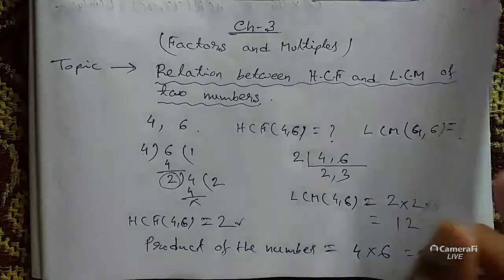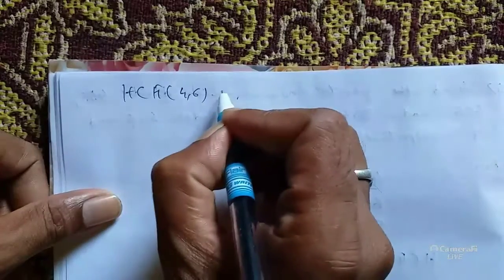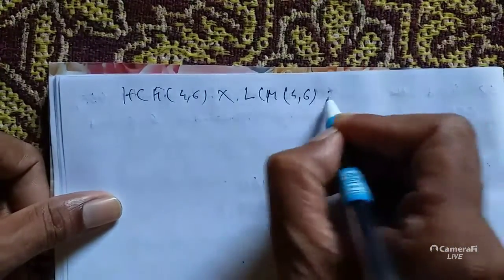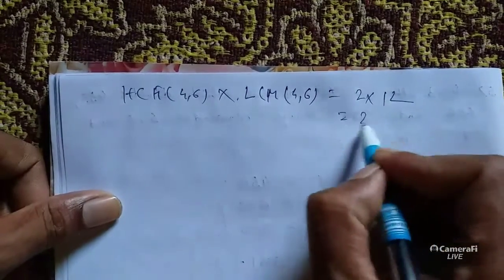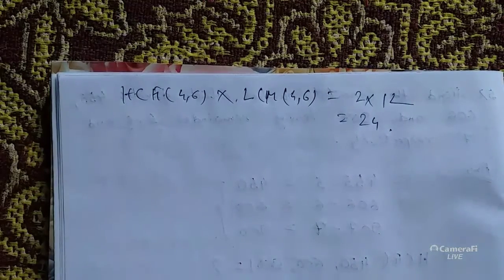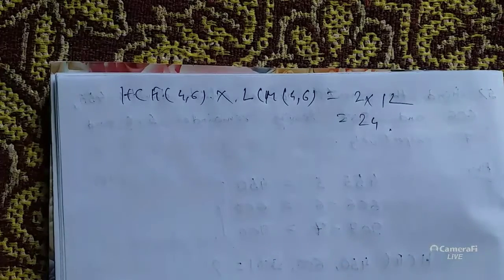So the HCF of 4 and 6 multiplied by the LCM of 4 and 6 equals 2 multiplied by 12, which is 24. Both the product of the numbers and the product of the HCF and LCM are the same for two numbers.